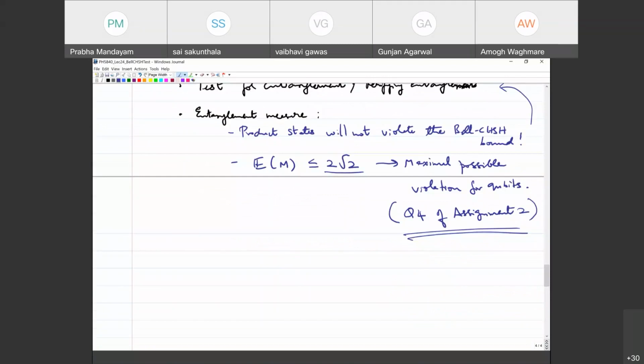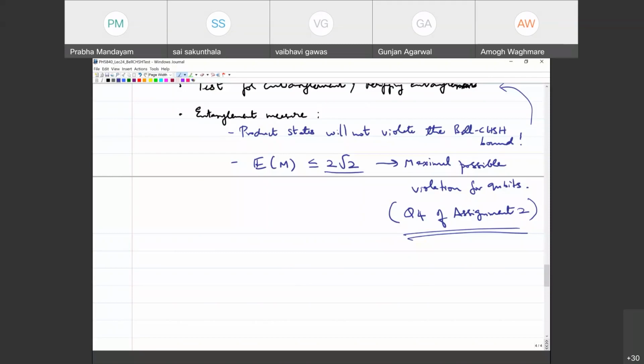But remember, we were only discussing 2 outcome measurements. So even the classical bound of 2 is only for 2 outcome measurements. So quantum mechanically also, we are then constraining, to compare apples and apples, ourselves to systems where the maximum number of orthogonal states you can construct is 2, right?